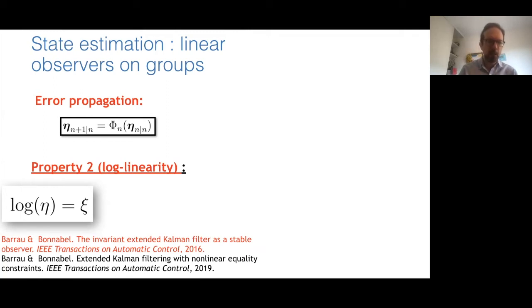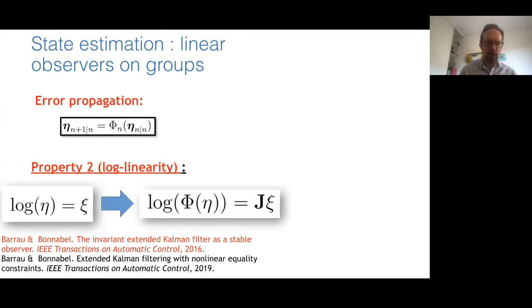So you can associate to any matrix sufficiently close to identity a vector through what we call the log or the exponential coordinates. And it turns out that the fact that phi is a morphism ensures that necessarily in the log coordinates, it's a linear map. So log of phi is just some matrix J times this vector.